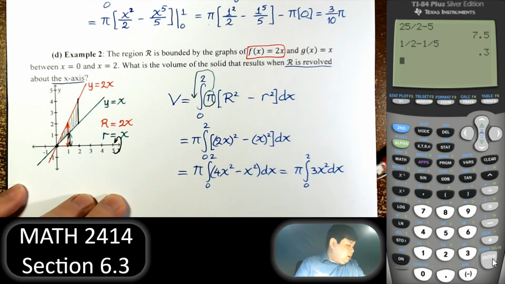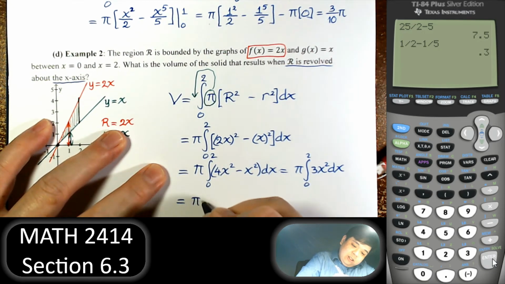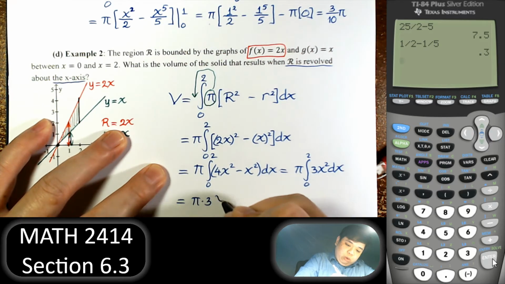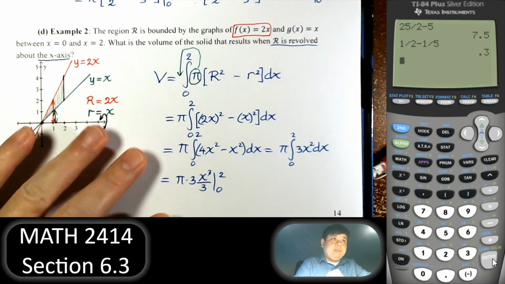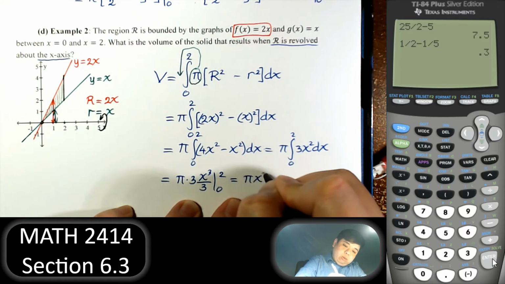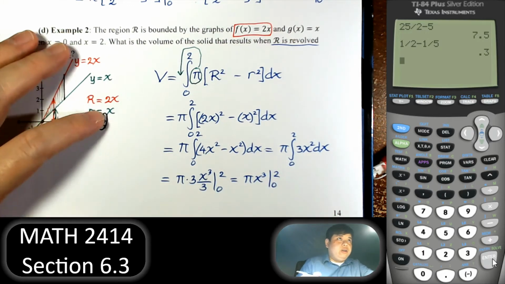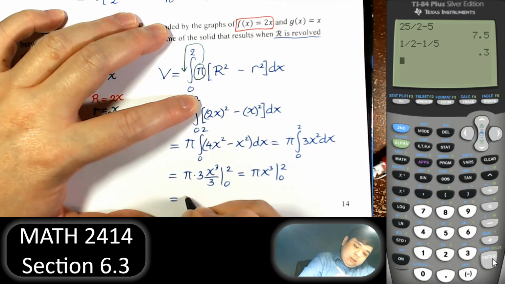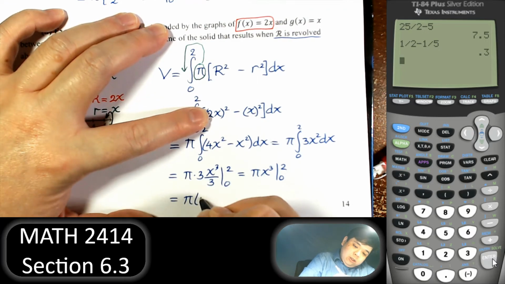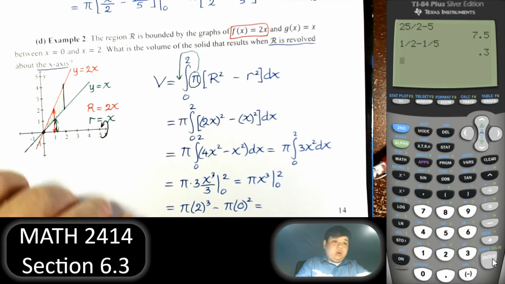The integral of that is x cubed over 3 going from 0 to 2. And 3 and 3 cancel out, so we just have pi x cubed from 0 to 2. Put in 2, put in 0. So we just have 8 pi.